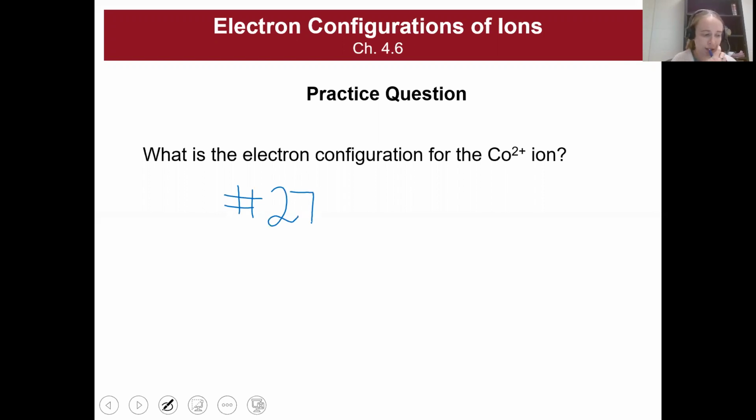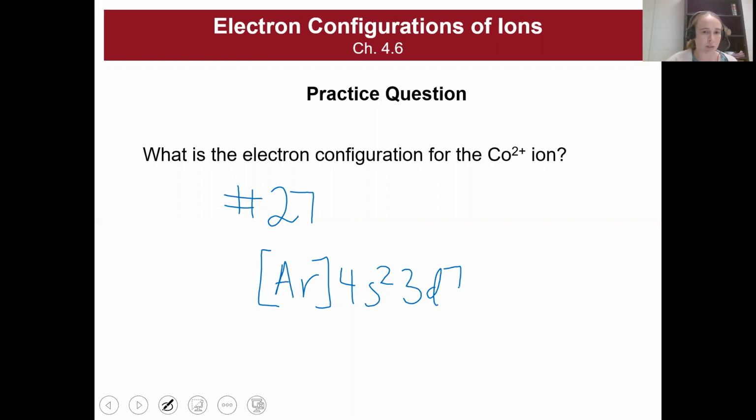So if I read across my periodic table, cobalt is going to have a noble gas core of argon, and then we have 4s2 electrons, and 1, 2, 3, 4, 5, 6, 7, so 3d7 electrons. So that's where we're at for cobalt.